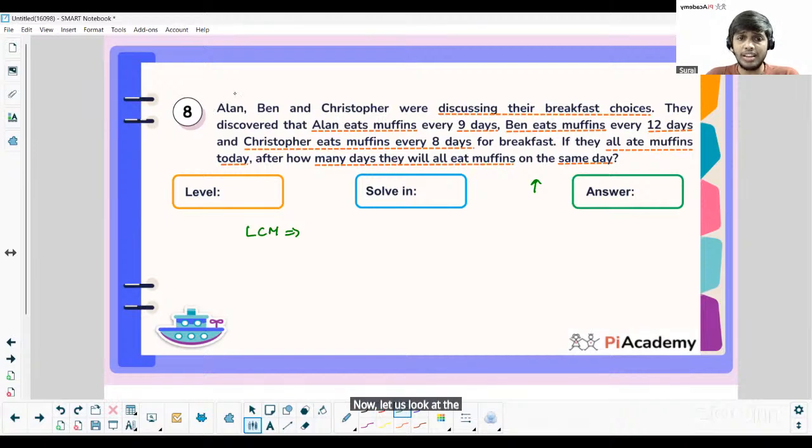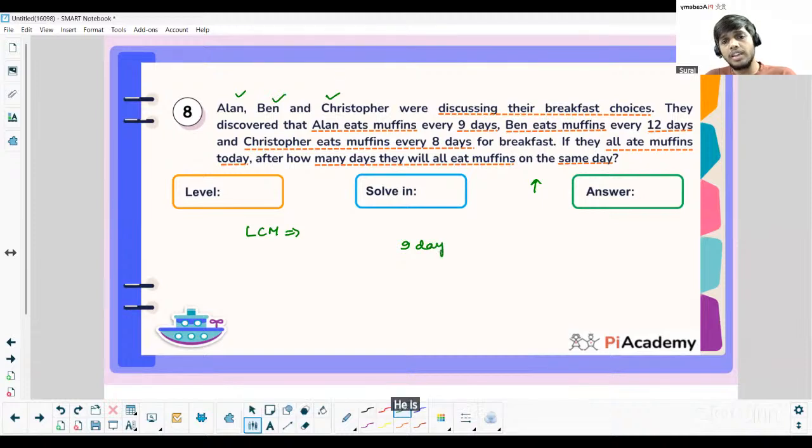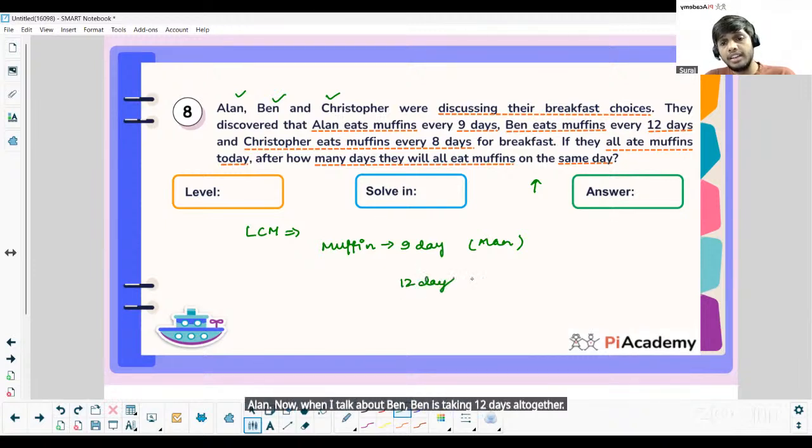It says there are 3 students, Alan, Ben, and Christopher. They are discussing their breakfast choices. And Alan says that after every 9 days, he is going to eat a muffin. Okay, this is for Alan. Now, Ben is taking 12 days to eat the muffin next, so after 12 days he's going to have this muffin again.